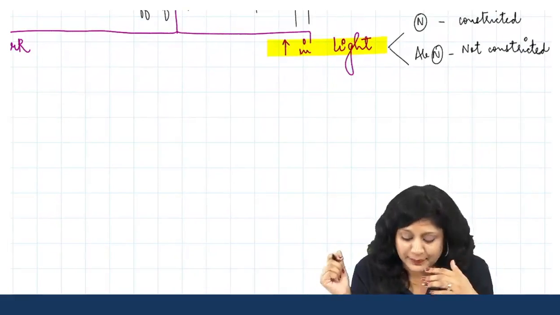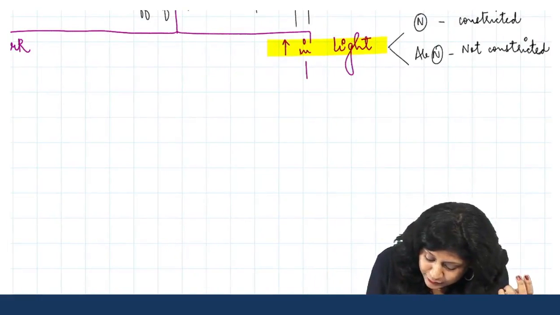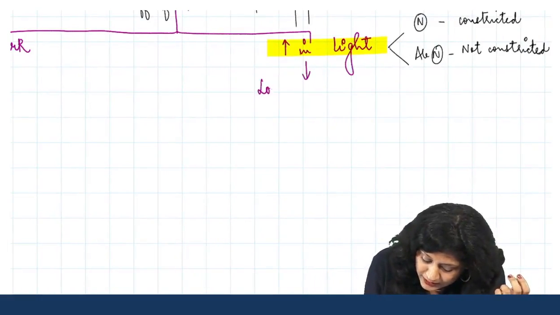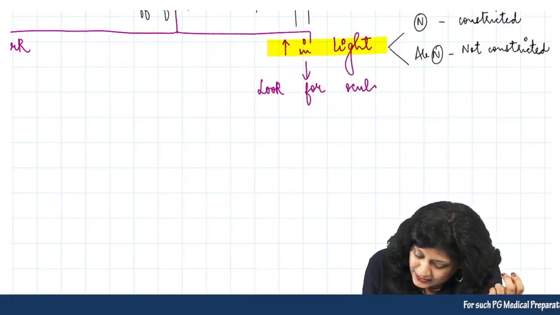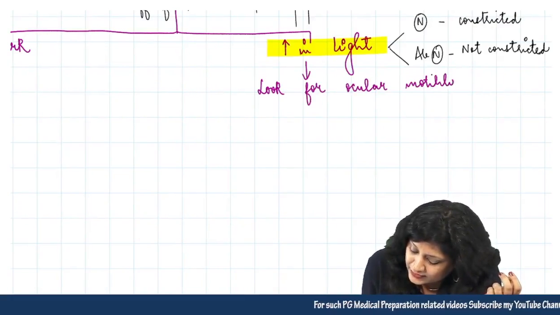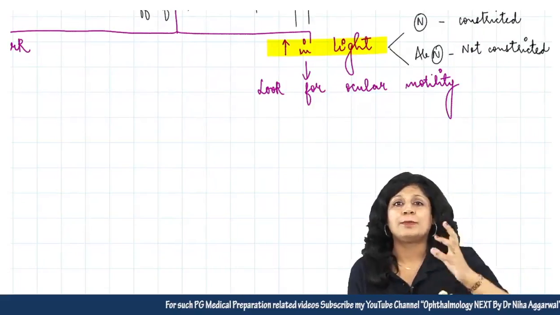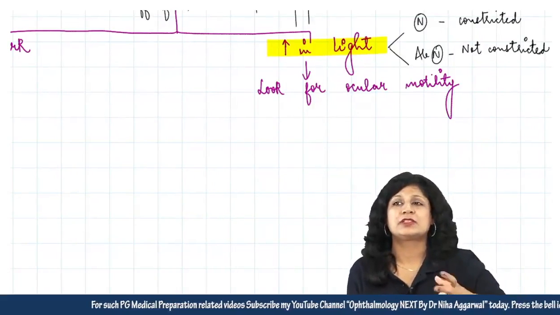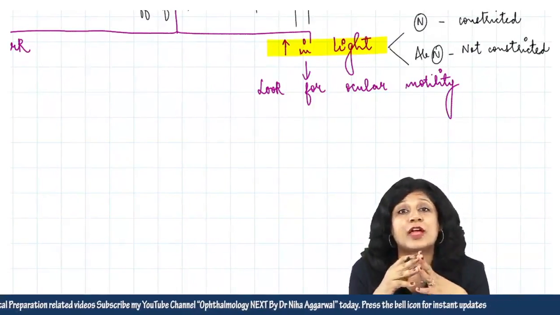So what is the next thing that you should do? You have to look for the ocular motility. This will also help you with your clinical processing. In some questions, we have comprehension and analysis type of clinical questions, where you have to see what further questions you are going to ask.